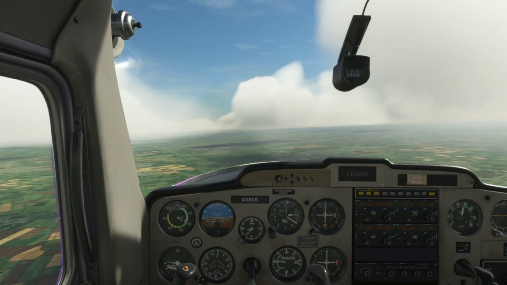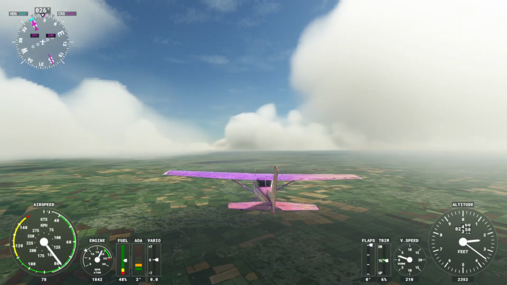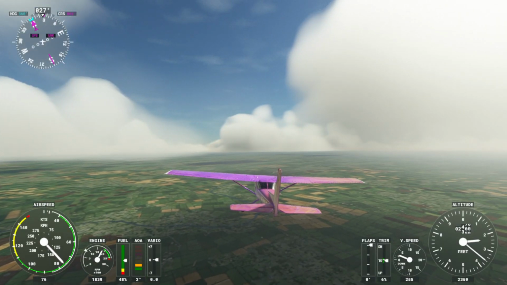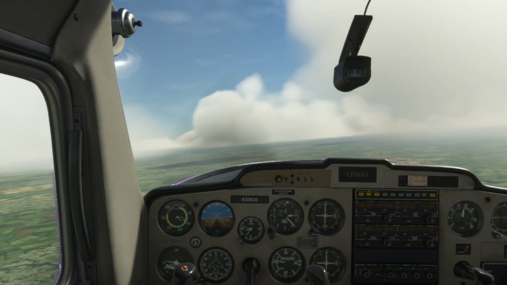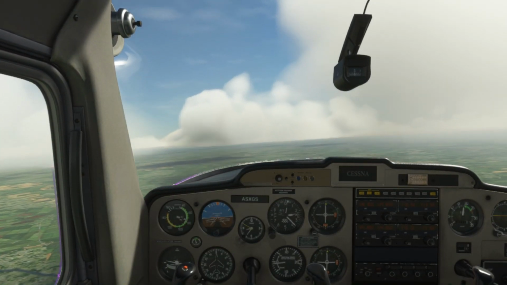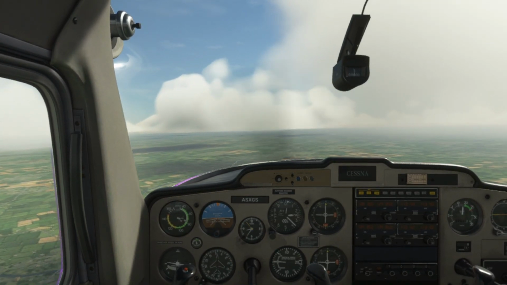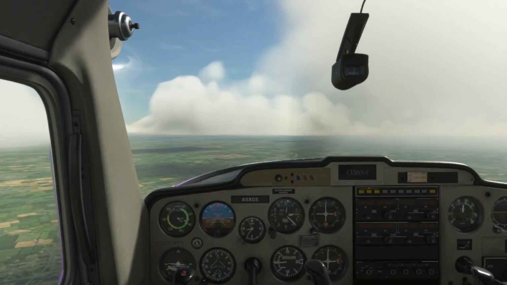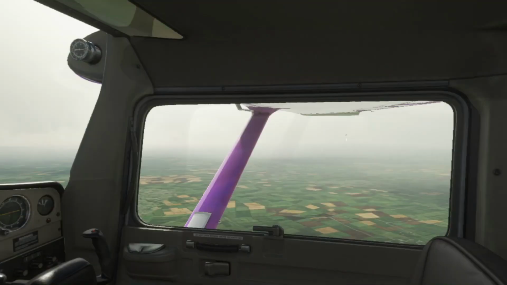I'm actually leveling off a bit. I'm going to slowly start to descend in a bit, and then make a 180-degree turn, and the runway should be on our left. It's just behind us now. The weather is pretty fine.